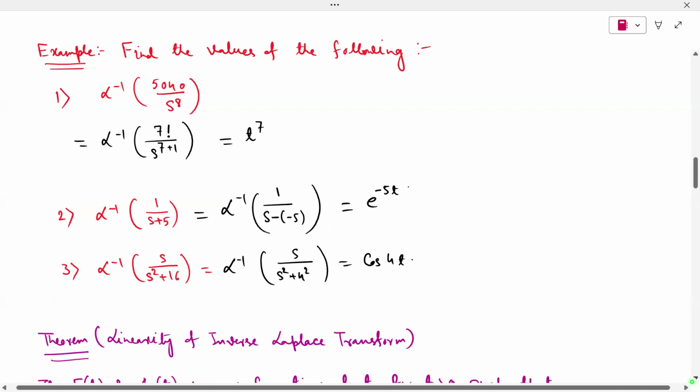Similarly, the Laplace inverse of 1 by s plus 5 can be written as the Laplace inverse of 1 by s minus of minus 5. This is equal to e to the power minus 5t, because we know that the Laplace transform of e to the power at is given by 1 by s minus a from that formula.